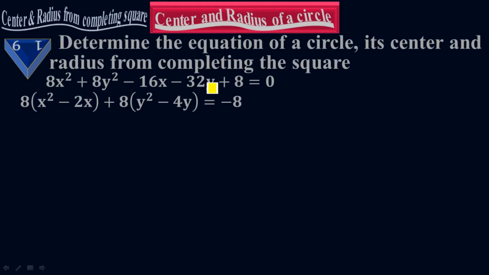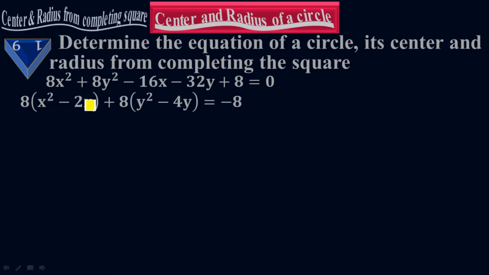Yes. Just take 8 common. So it will be y squared, and here is negative 4y. Negative 4 times 8 will be negative 32. Then put the constant to the right side, which is negative 8.